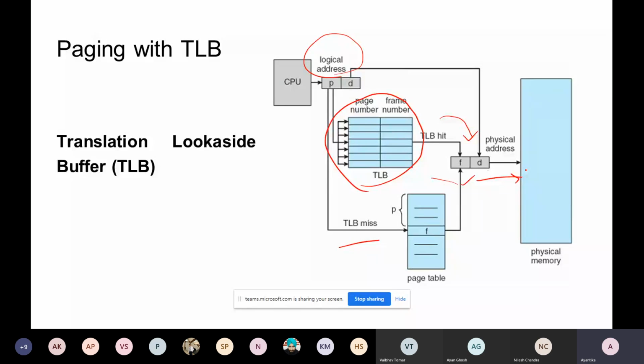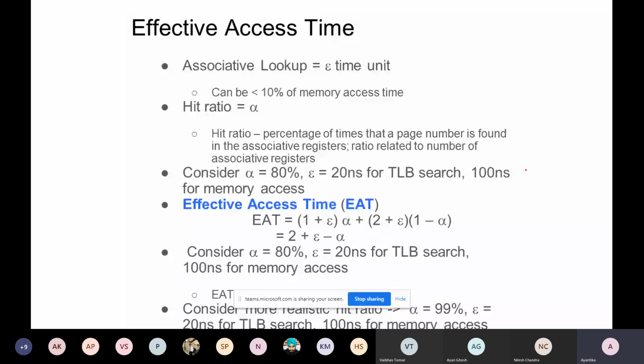Paging is basically a mapping technique where we map the virtual memory, whatever we are thinking, to the actual physical address in our physical memory.